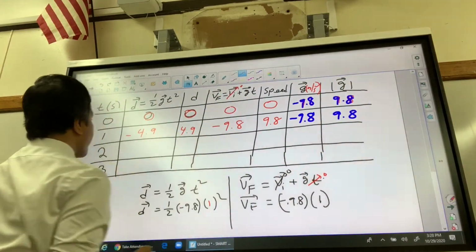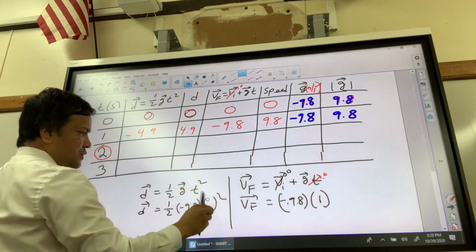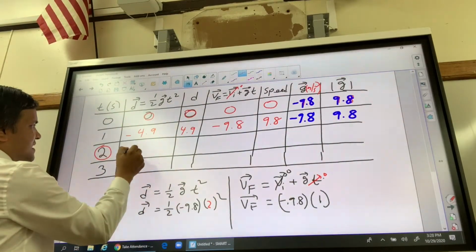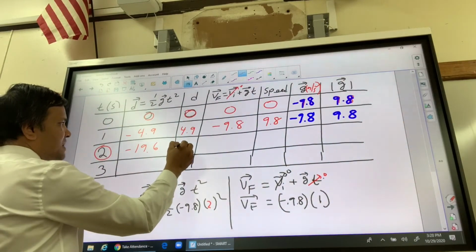At 2 seconds, you plug in and you get negative 19.6. The absolute value of negative 19.6 is simply 19.6 meters.